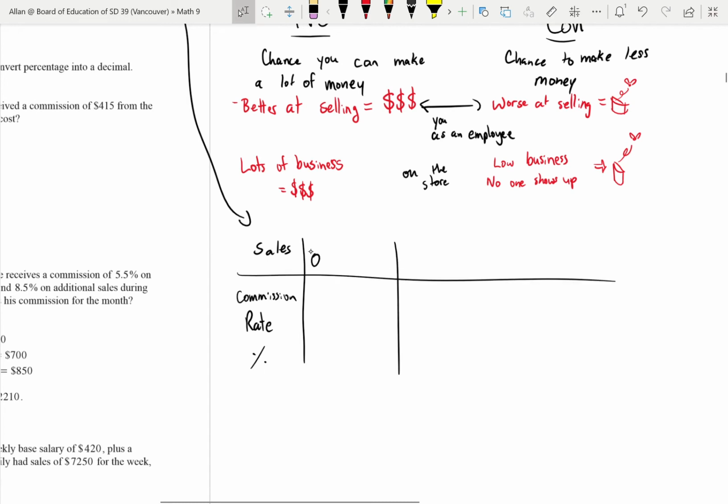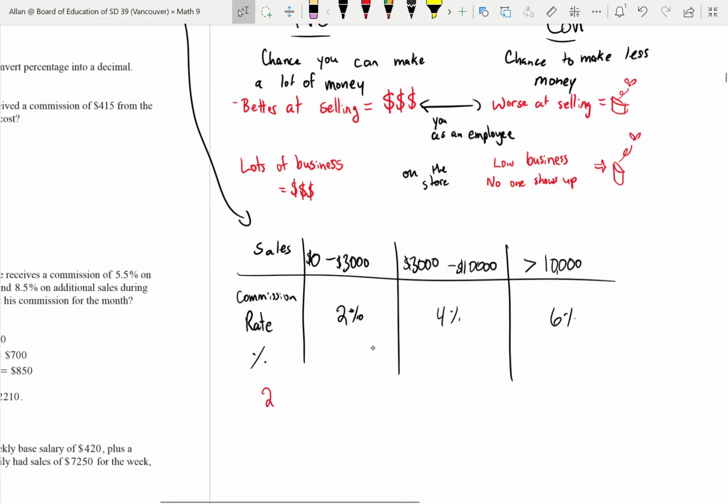So if you sell $0 to, say, $3,000, they might give you 2% on all of that. Then from $3,000 to $10,000, they might give you 4%, and then more than $10,000, they'll pay you 6%.